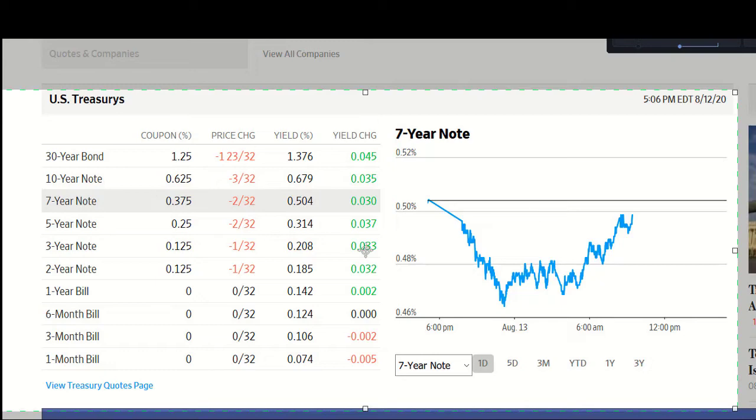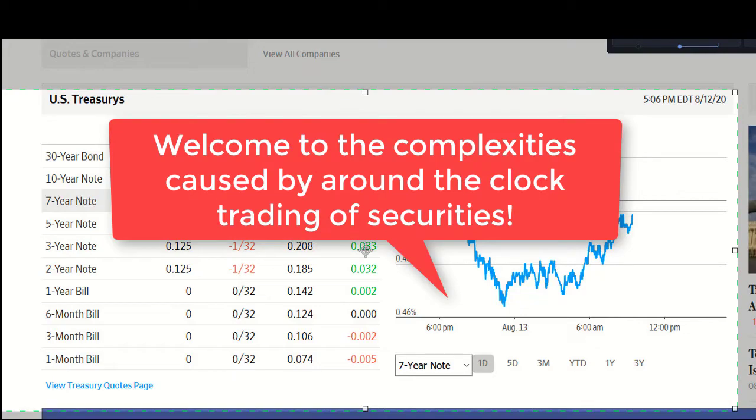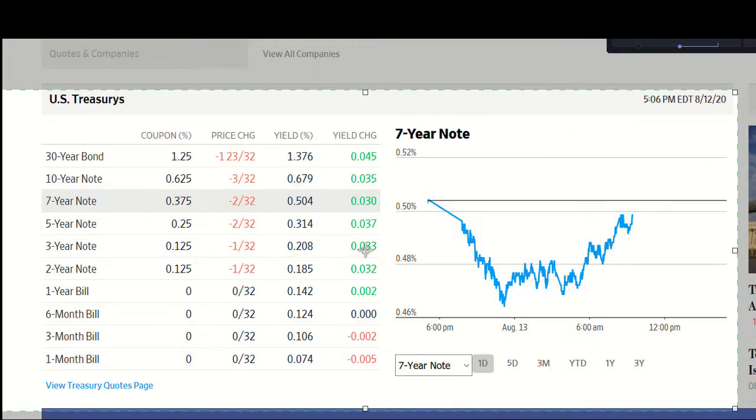And so if you look closely, there's 6 p.m., which is the August 12th. That's the close, that's evening of the 12th. Then overnight, there's some action because the markets are open around the world overnight, and there's treasury securities being traded at those times. And so interest rates dropped overnight, and then they kind of settled off early in the morning, and then starting around 6 a.m., they started to come back up a little bit.